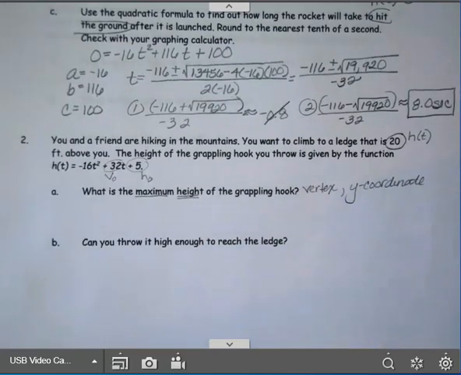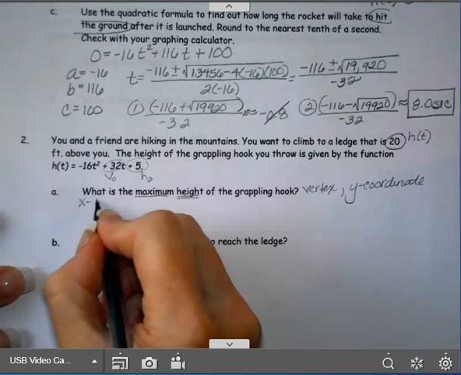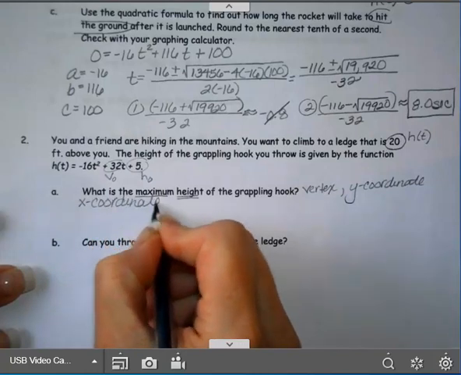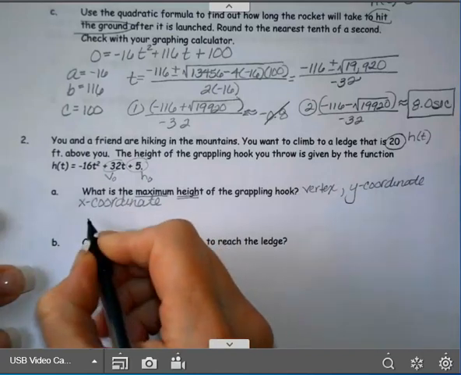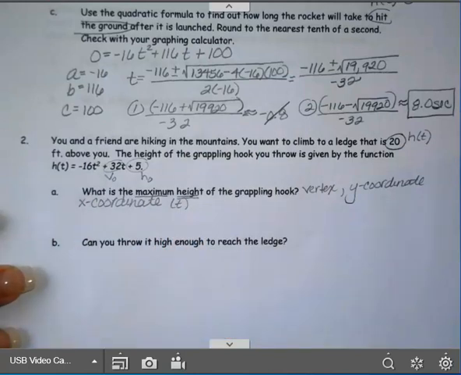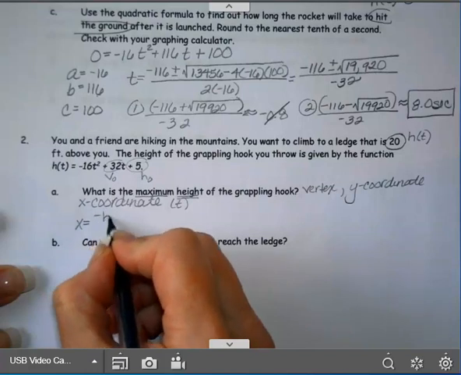To find the vertex y-coordinate, you still have to find the x-coordinate of the vertex. And then you plug in that x-coordinate you find to find the y-coordinate. So the x-coordinate is our t value. So x equals negative b over 2a.